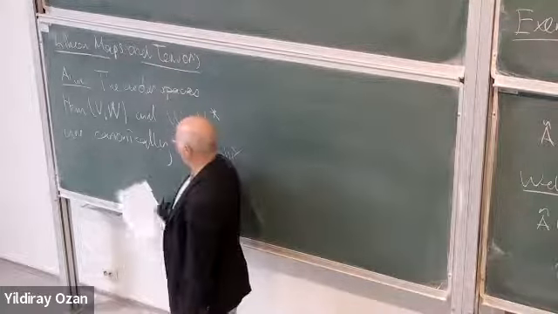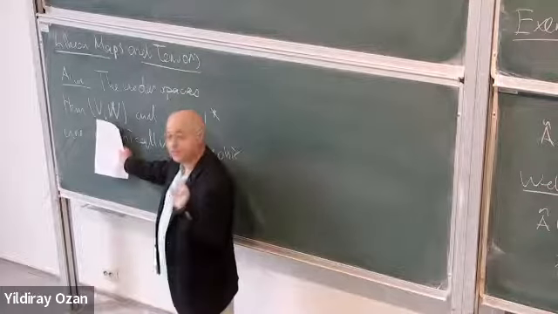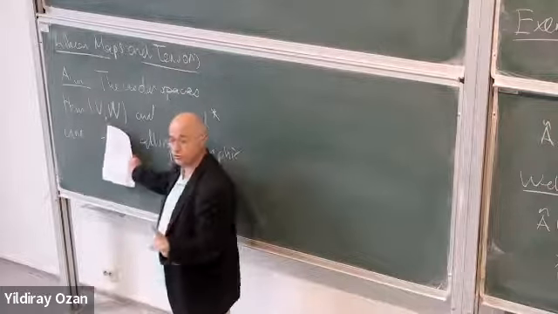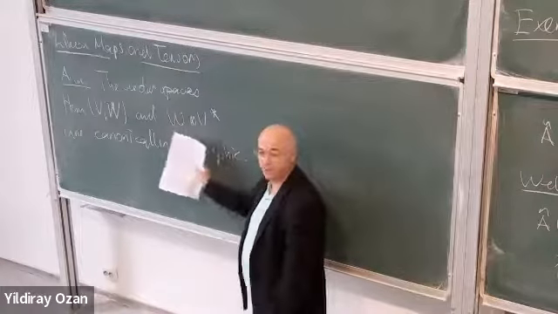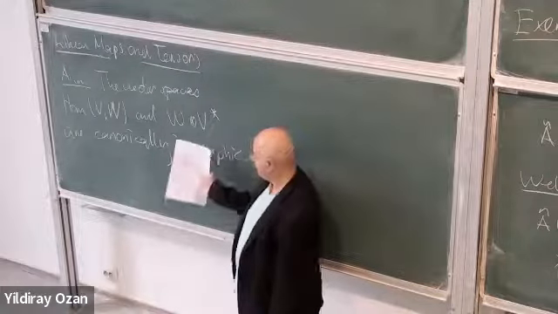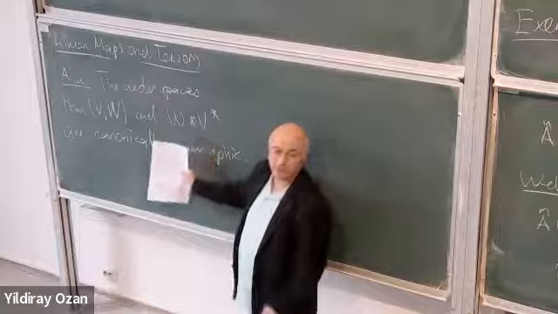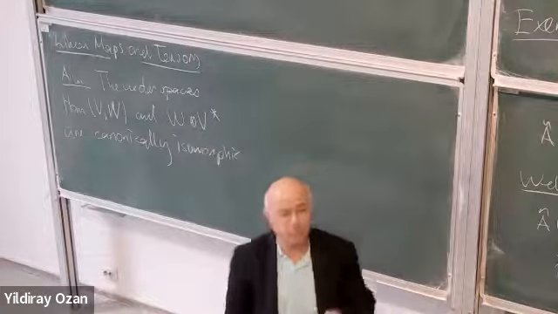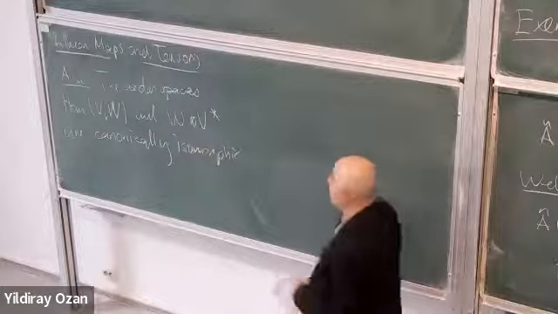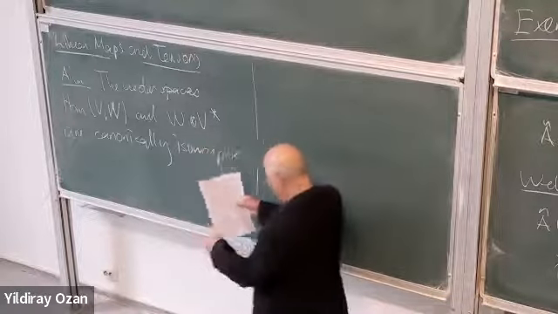Therefore, I can represent any homomorphism from V to W as an element of this tensor product. And this way of representing a linear map will have a lot of advantages. So that's our aim.